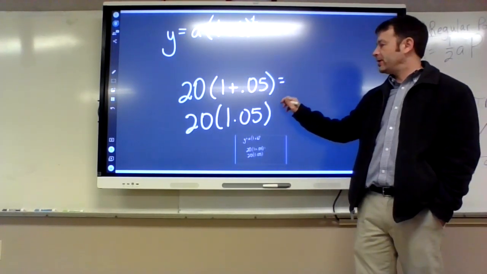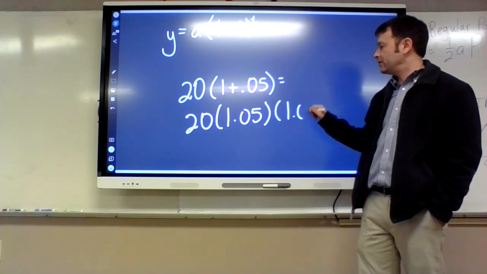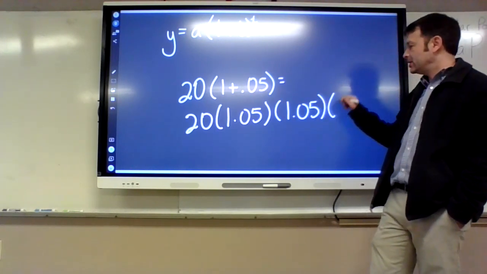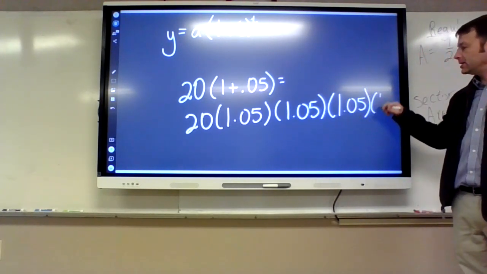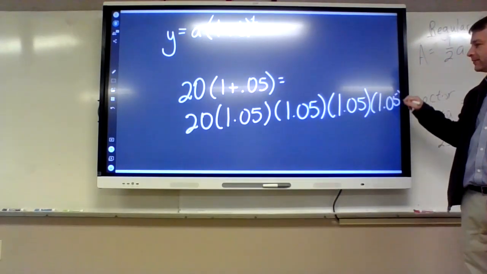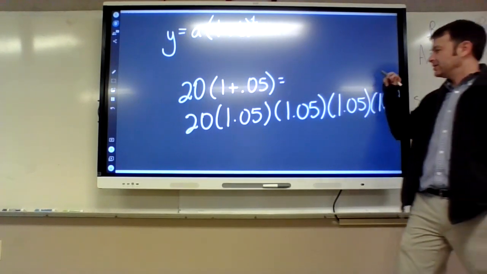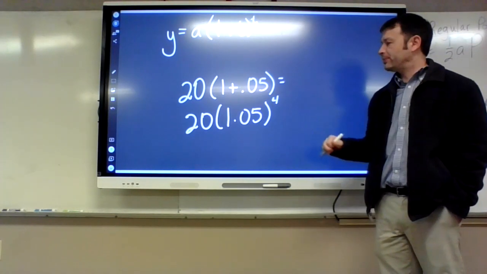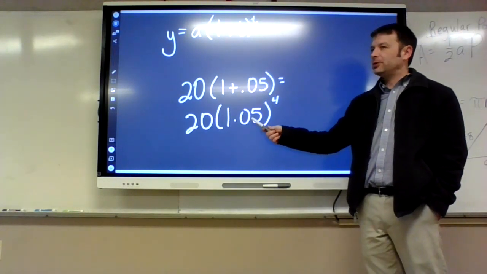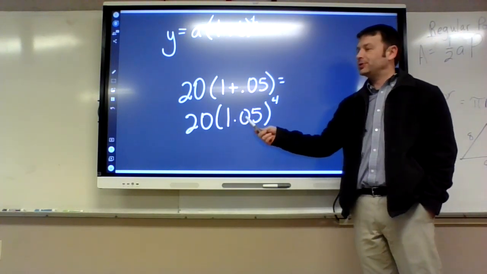You would want to multiply by 1.05 again and again, because that would increase it by 5% every time. But instead of writing it like that, you could just do it to the 4th power. That would increase 20 by 5% 4 times.